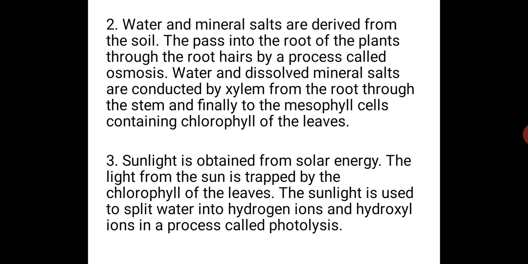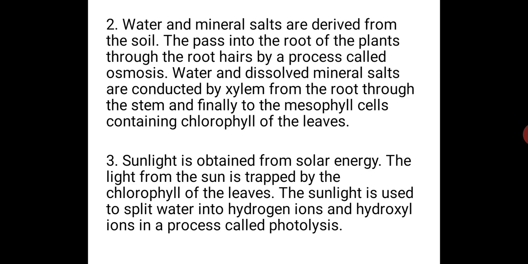Osmosis, as we defined last time, is a process by which water molecules move from lower concentration to higher concentration. Water and dissolved mineral salt are conducted by xylem from the root through the stem and finally to the mesophyll cells containing chlorophyll of the leaves.